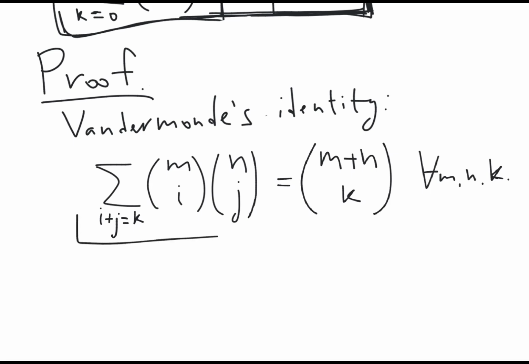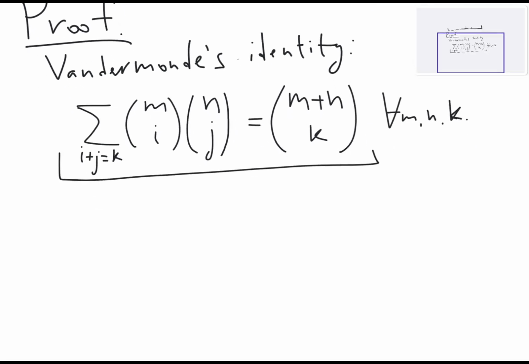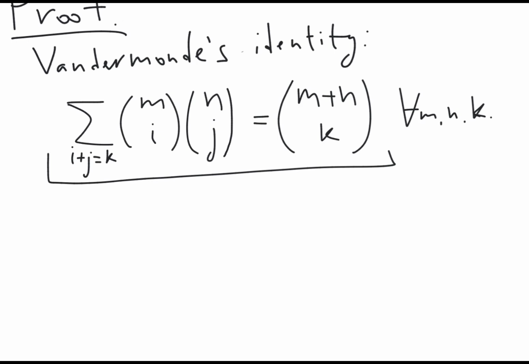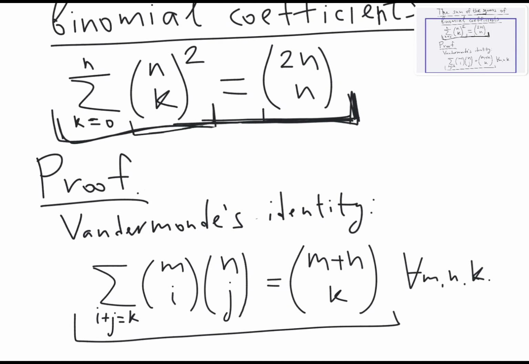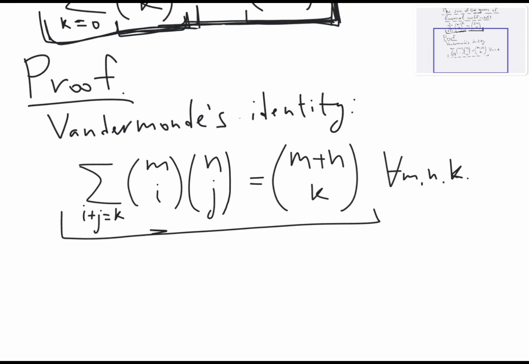So now what we do is we set, you see that we want to have a sum of squares of the binomial coefficients, and here we have a product of two different binomial coefficients. So the idea is to select m, n, and k in such a way that these two binomial coefficients would be equal to each other.